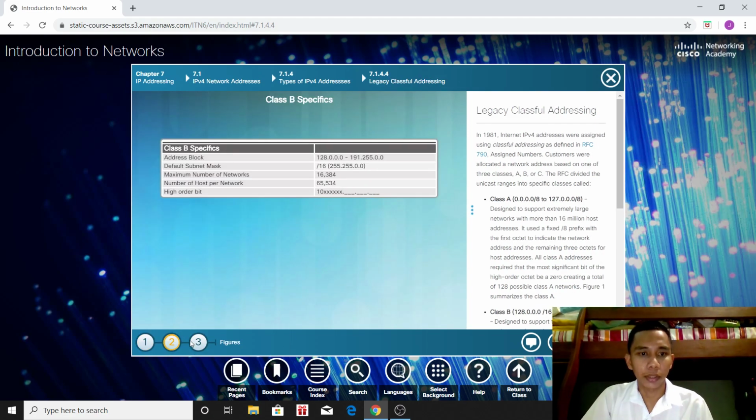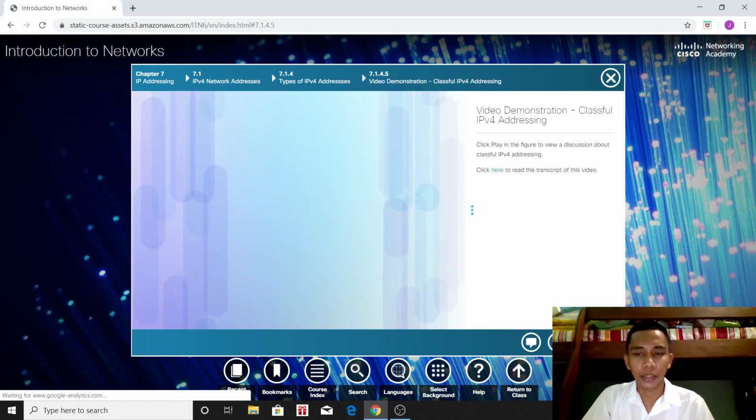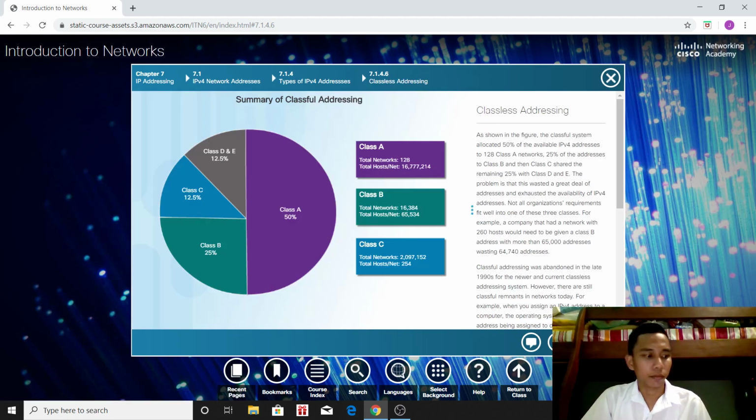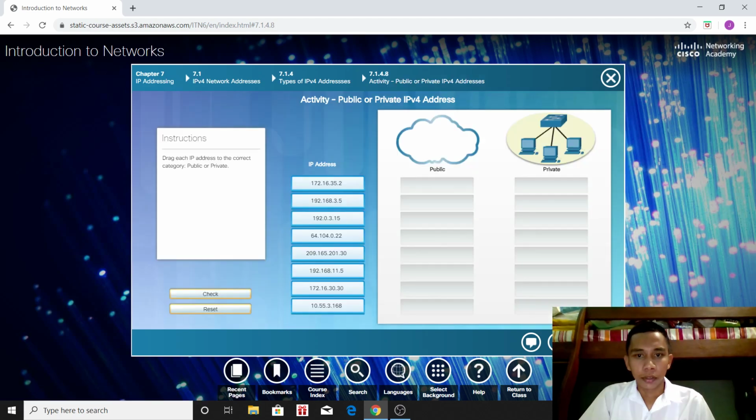Next activity, chapter 7 is public or private IPv4 address. The instruction is drag each IP address to the correct category, public or private. So let's first do public. The public is 64.104.2.22.